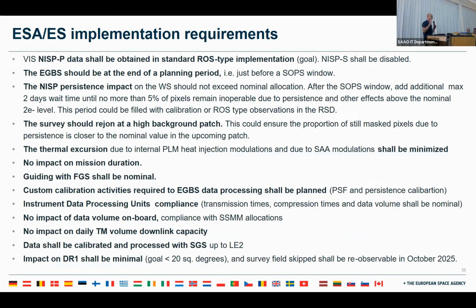Unfortunately, it did not happen in the end, but I will show you that we clarified that the impact of persistence on the wide survey would have been at an acceptable level. But for programmatic reasons, Euclid is a survey telescope; it has an observatory capability.